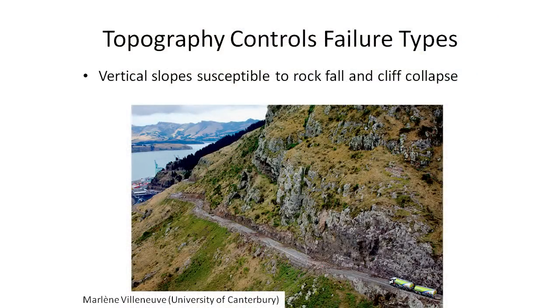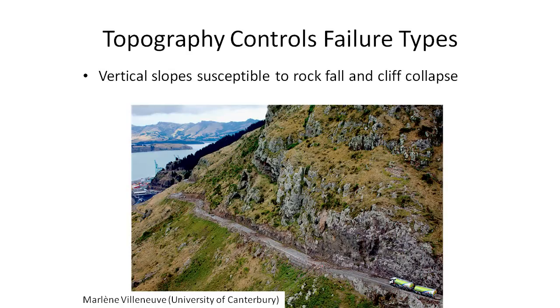And then finally, adding on the aspect of topography, in order for us to have landslide type movements, we need some sort of topography. We need that material to be higher up. In addition to that simple need, different types of topography will lead to different types of failure.